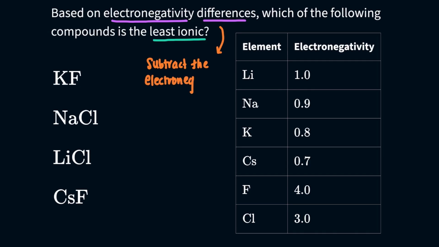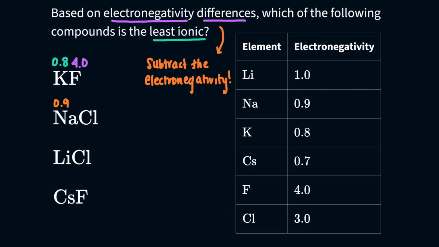Okay, so let's pull up what each electronegativity value would be, and then we'll find the difference. We'll subtract, and then we'll go from there. So let's see. Potassium is 0.8. Any other potassiums? No. Fluorine I see here is a big number, 4.0. Sodium is 0.9. And we got a couple of chlorines here.